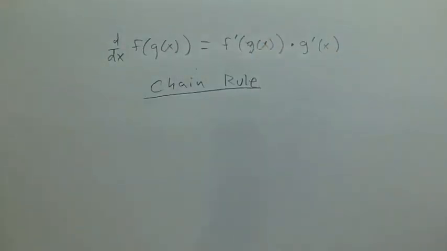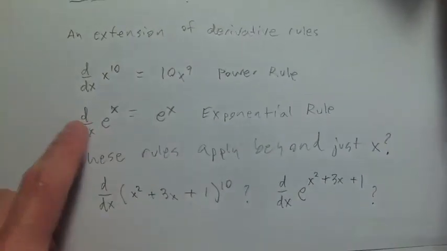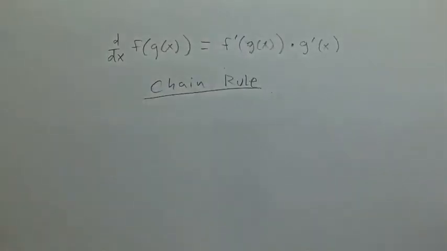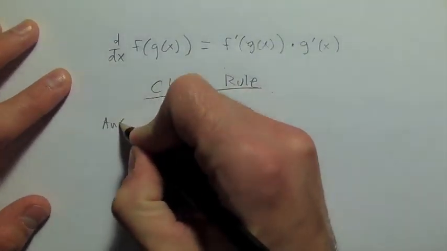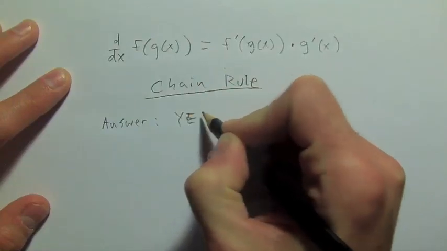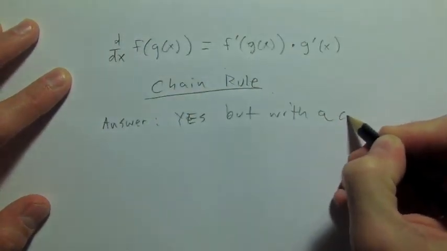of the inside. So if we go back to our question from before, our question was, do these two rules apply beyond just x? And the answer was yes, but with a cost.